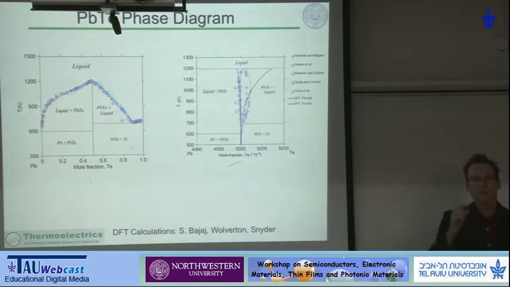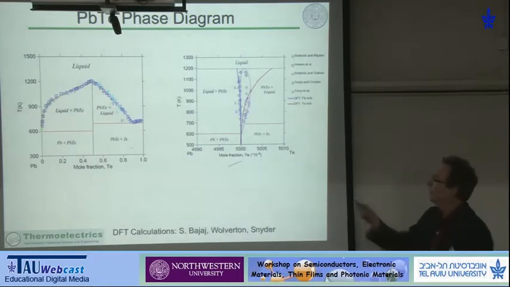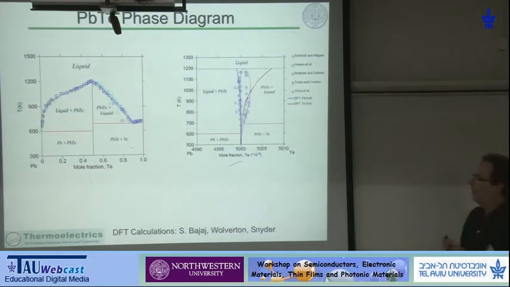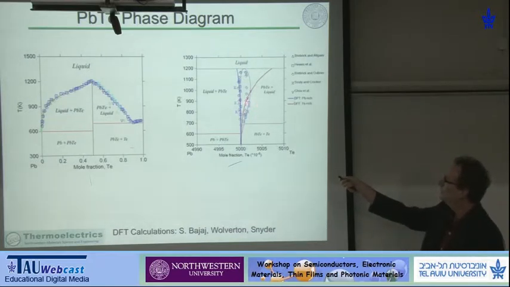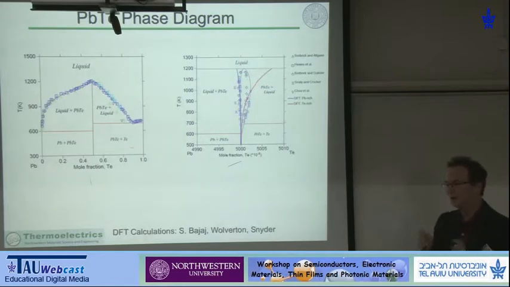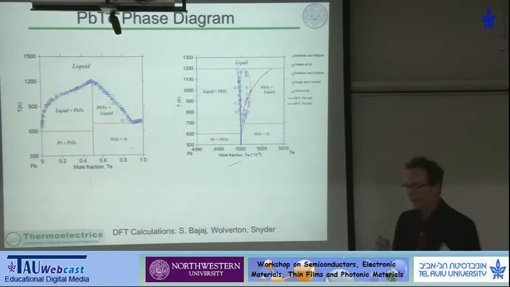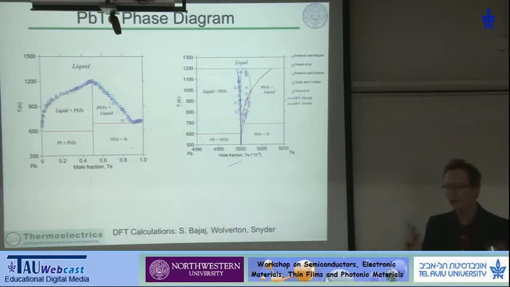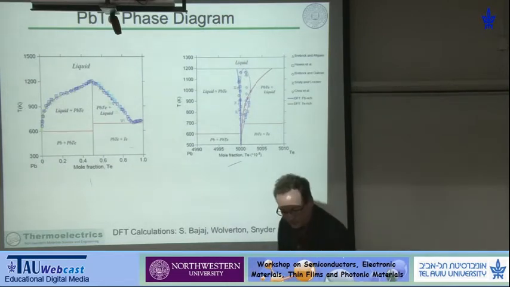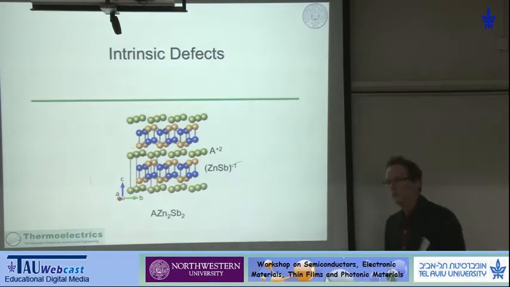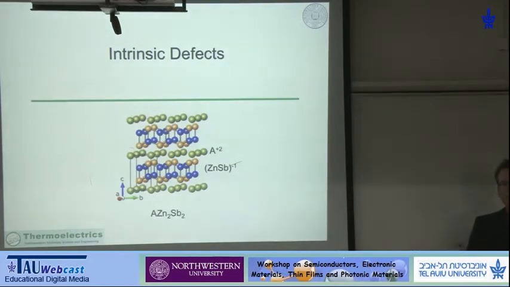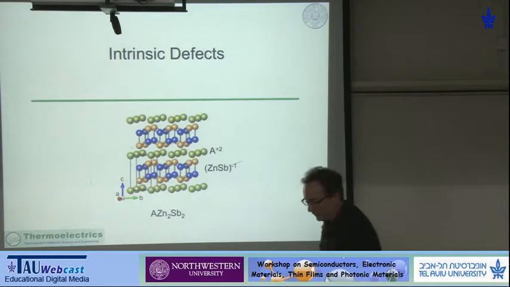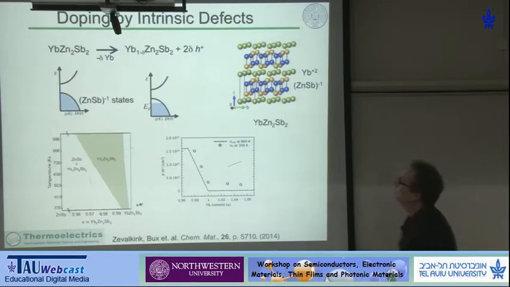We can blow that up, and we actually can map out the true phase diagram width of that material, and we can from the calculations as well as the experiment see that there's a width that explains why we can make both N-type and P-type.